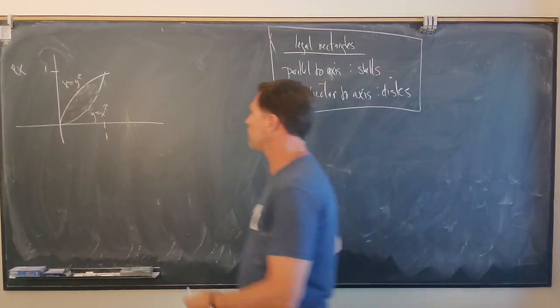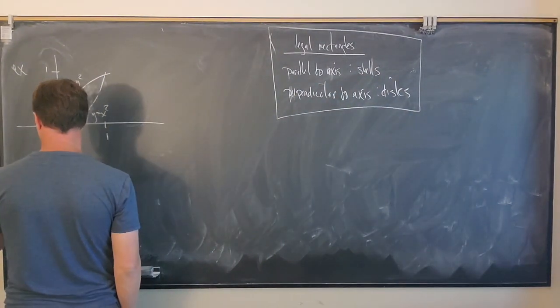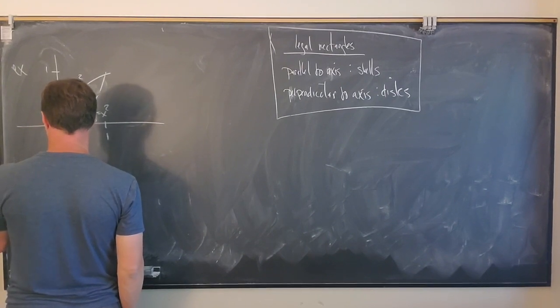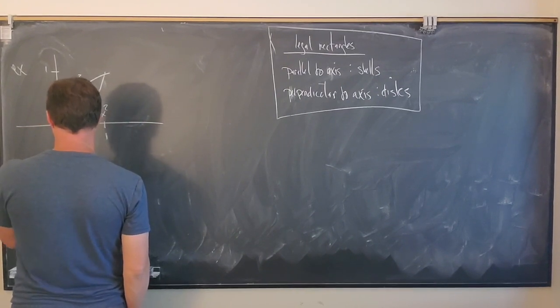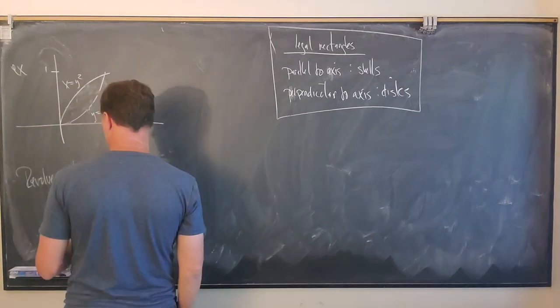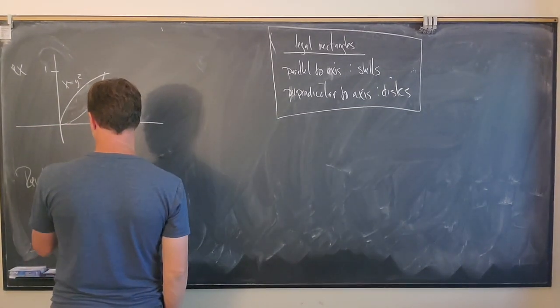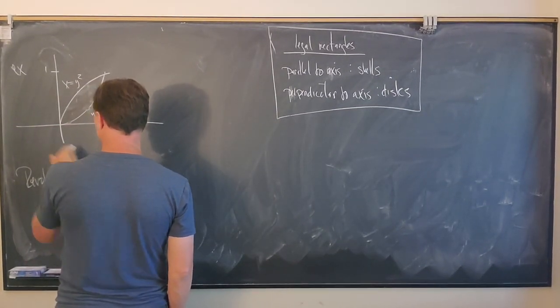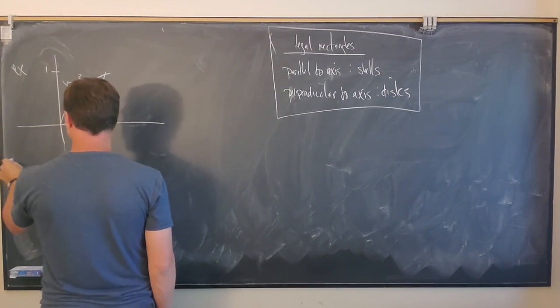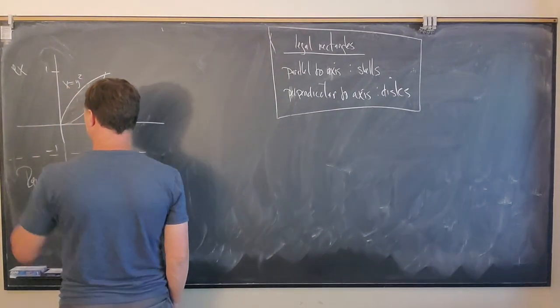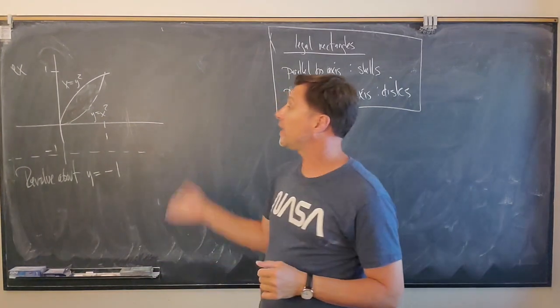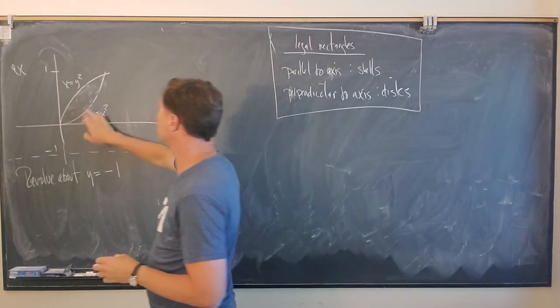Okay, so what I want to do, let's revolve about y equals minus 1. So that's that line right there. And what I'd like to do is set up integrals using both methods.